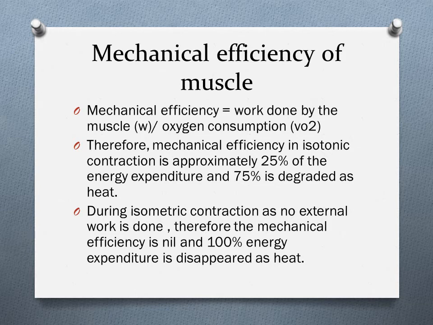Therefore, the mechanical efficiency in isotonic contraction is approximately 25% of the energy expenditure, and 75% is degraded as heat. Now coming to the isometric contraction, where no external work is done, the mechanical efficiency is nil and 100% of the energy expenditure is dissipated as heat.